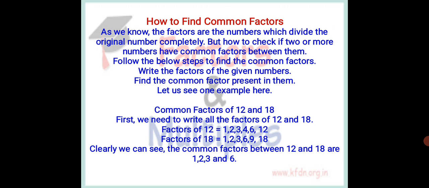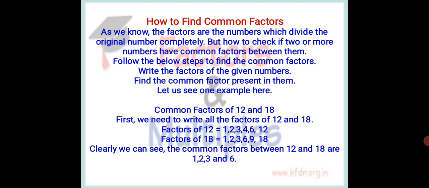Clearly we can see the common factors between 12 and 18 are 1, 2, 3 and 6.